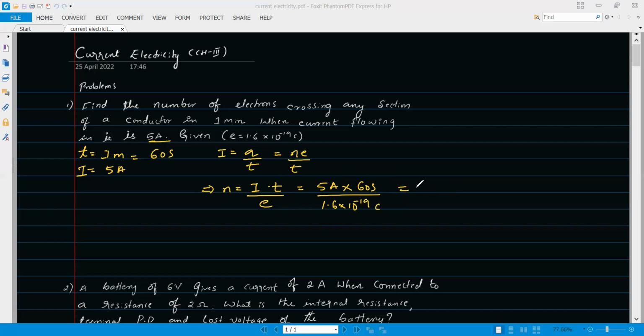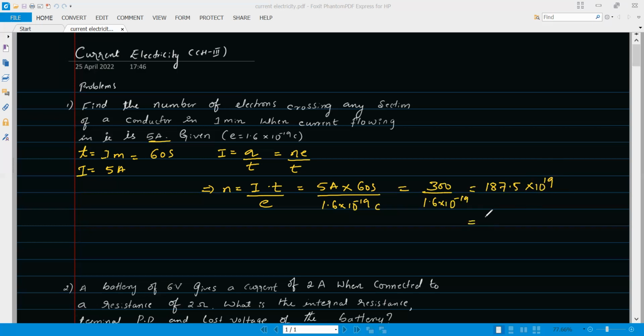This is nothing but 5 into 60, which is 300, divided by 1.6 into 10 to the power of minus 19. If we calculate this, we will get 187.5, and taking the 10 raised to minus 19 upstairs, it becomes 10 raised to the power plus 19.